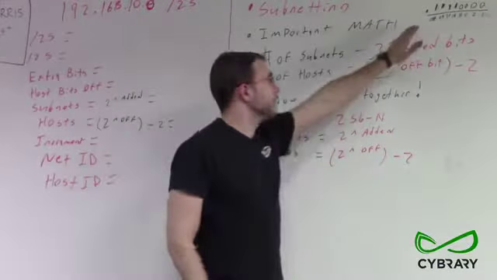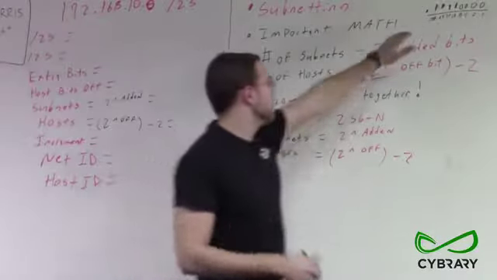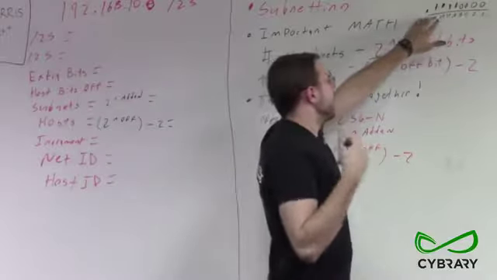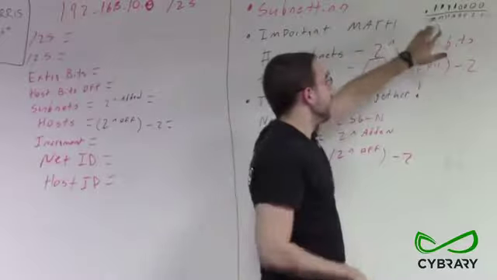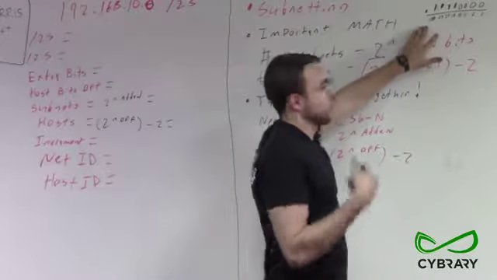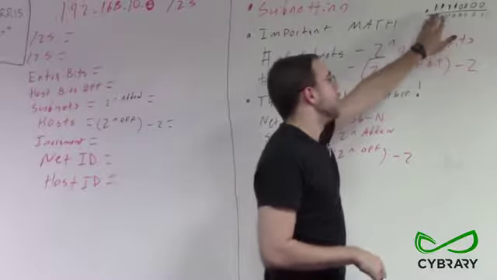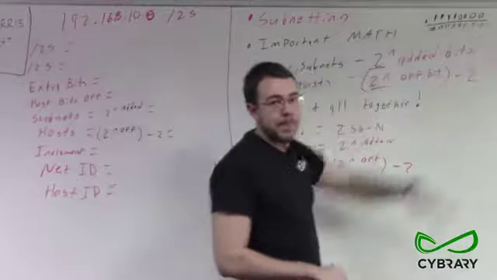So we've added 4 bits. Our default binary for our last octet was 00000000. But now our subnetting has changed this last octet to 240, which equates to 11110000.